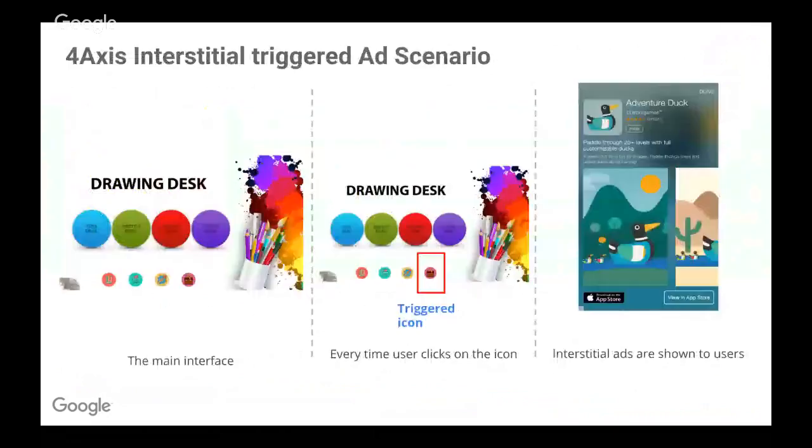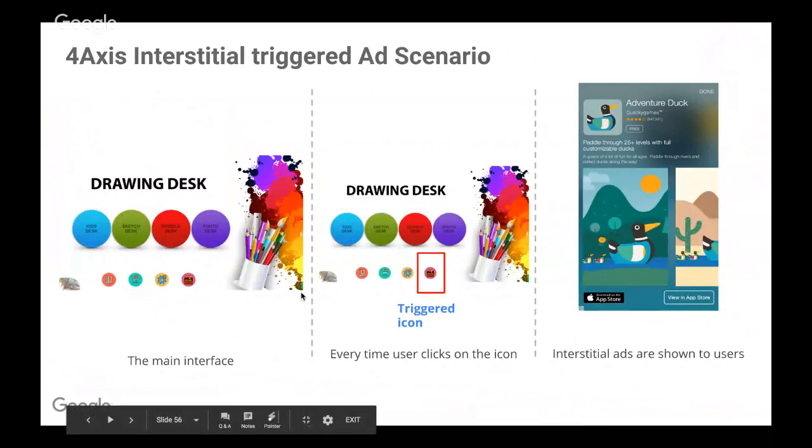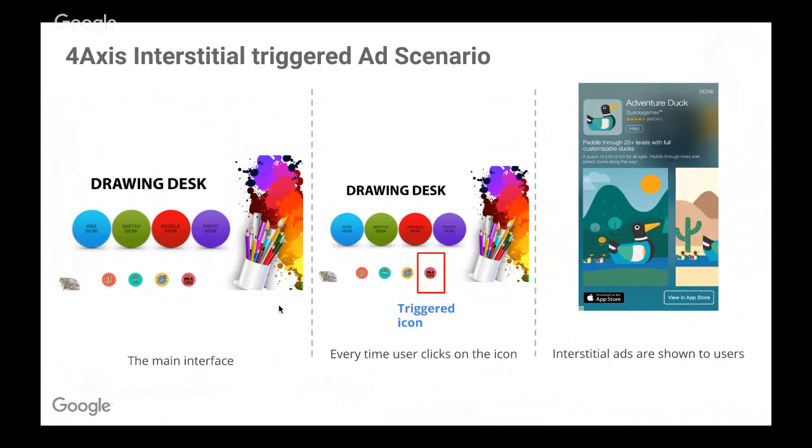When we look at the actual implementation, the first image is the main interface of the app. Here, as you can see, this is one example of the trigger ads icon. One tip is that when you implement trigger ads, remember to put the ads attribution on the icon.